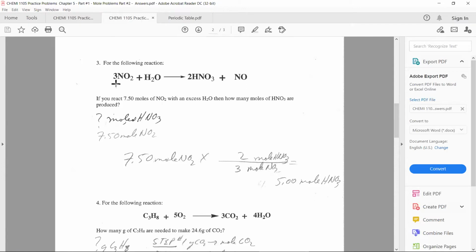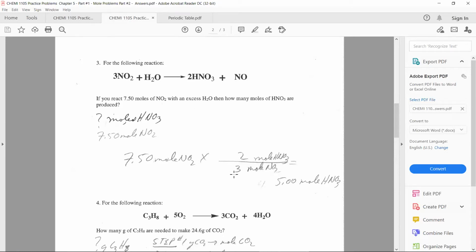For every 3 moles of NO2, the coefficients tell you moles, I make 2 moles of HNO3. And these are exact numbers.